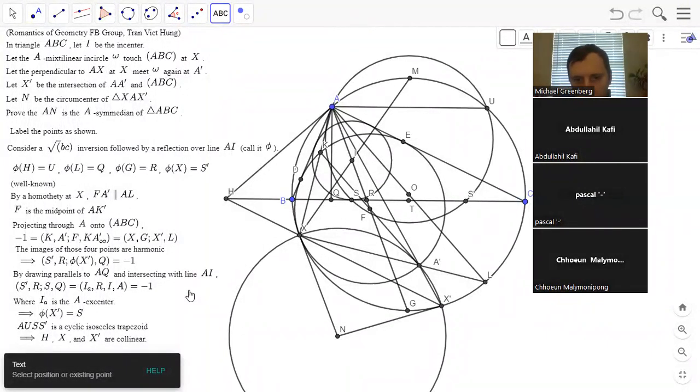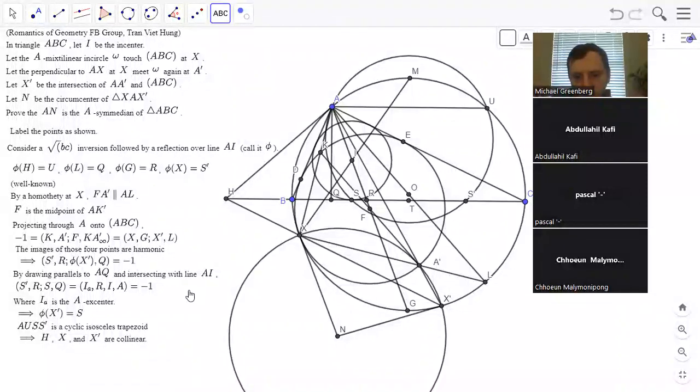All right, so we have angle NXA'. What was it? I'm just trying to remember that angle chase that you mentioned at the beginning. So this angle we found in terms of this angle, which we then found in terms of this angle, which we then calculate in terms of that angle.